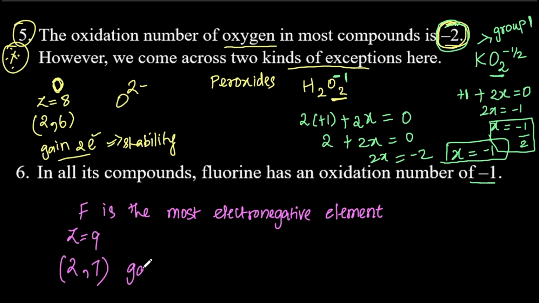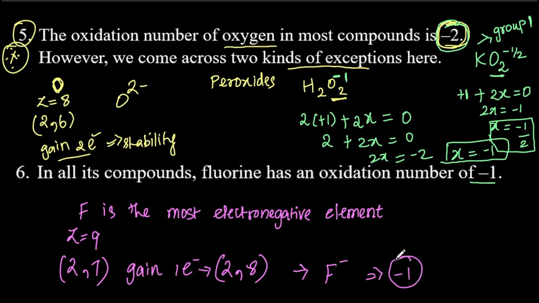So it will gain 1 electron to become 2, 8. To attain stability, it has to gain 1 electron. And fluorine is the most electronegative element, so it always gains 1 electron. After gaining 1 electron, it will become F minus. So the charge is minus and the oxidation state is minus 1. So fluorine always exists in the minus 1 oxidation state.